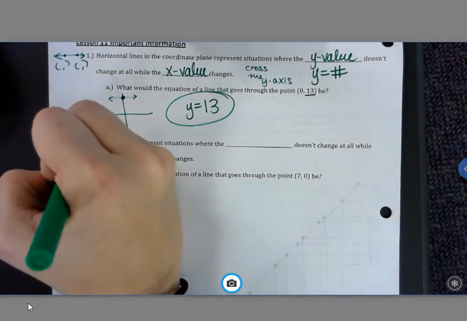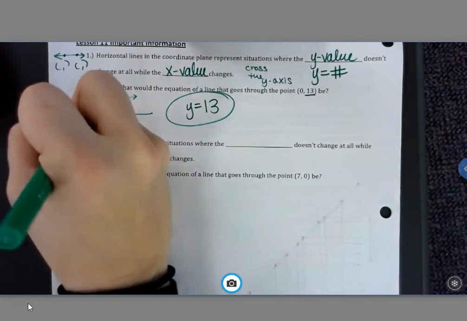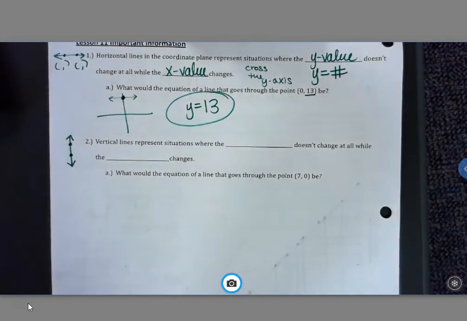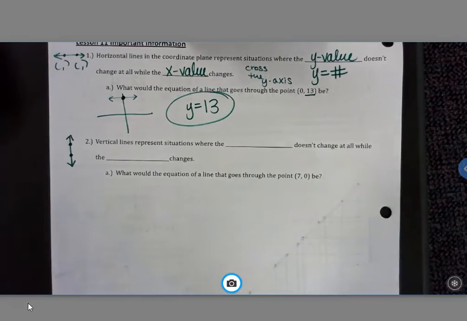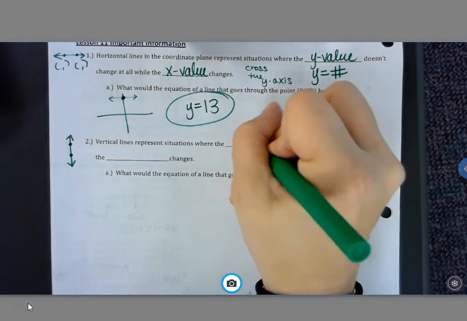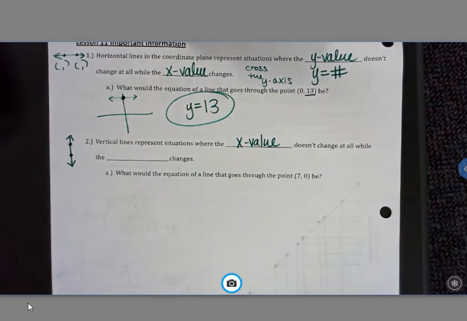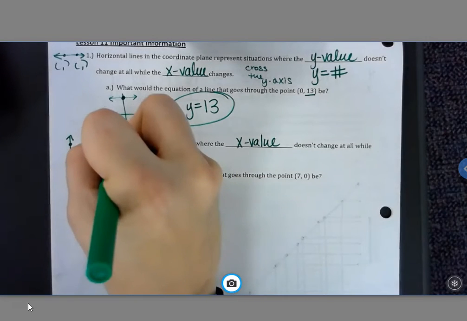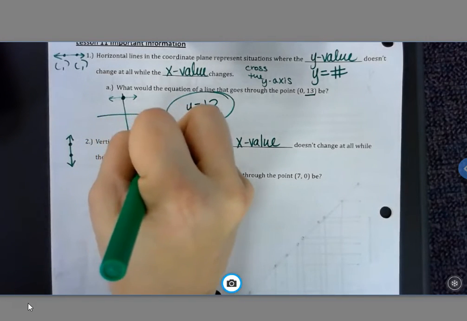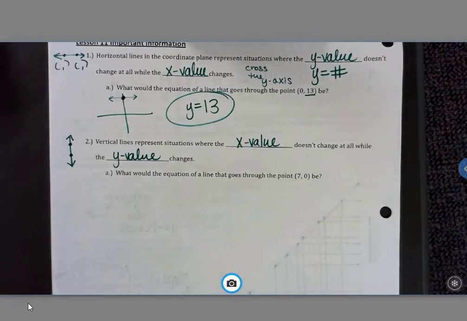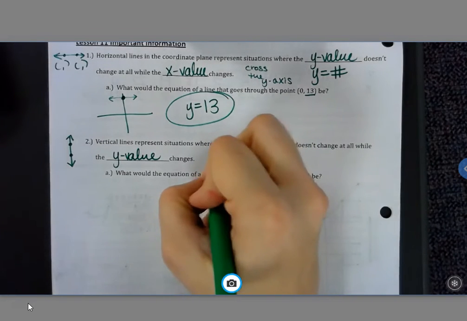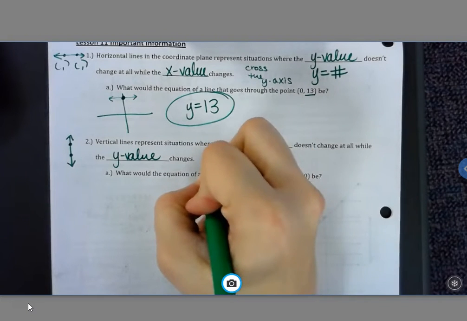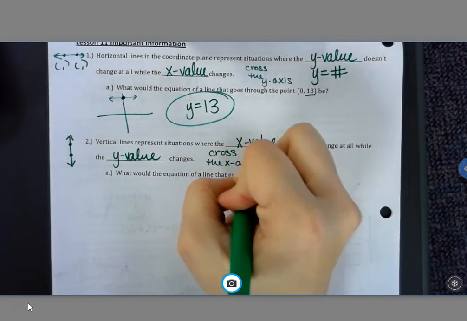The opposite is true for vertical lines. So for vertical lines, the x value does not change in all of those points, but the y value does. Remember, for vertical lines, it crosses the x-axis.